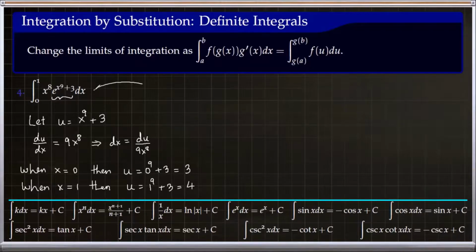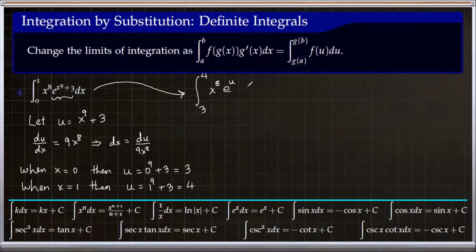So now we are ready to write this integral in terms of u. The lower limit is 3 and the upper limit is 4. I'm going to write x to 8 as it is for now, hoping it will get cancelled out later. And then we have e to u, because we are replacing x to 9 plus 3 by u.